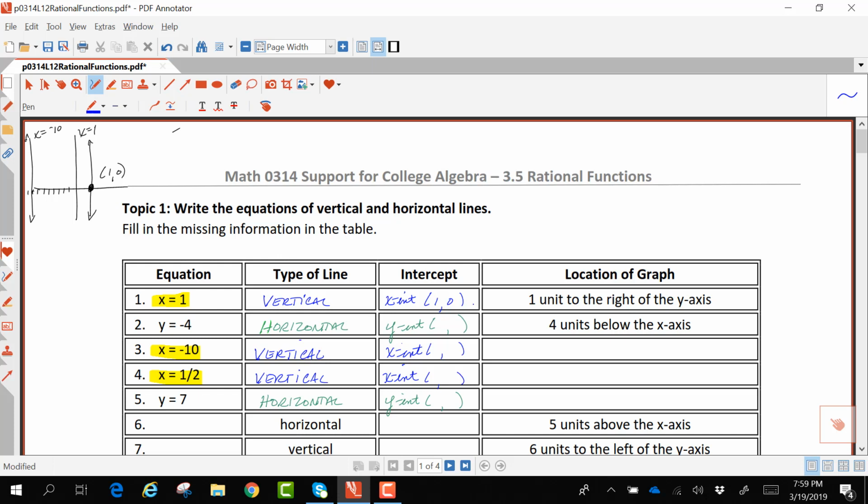For the x equaling negative 10, this point would be the point negative 10, 0 as its x-intercept. So you can see your x equals lines have x-intercepts, which are your vertical lines.